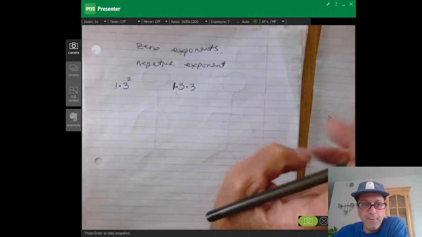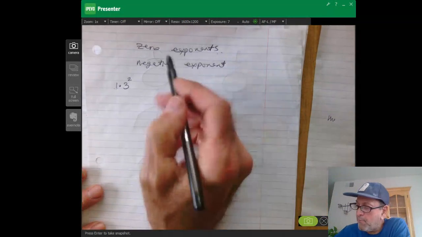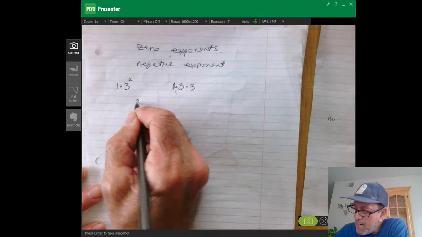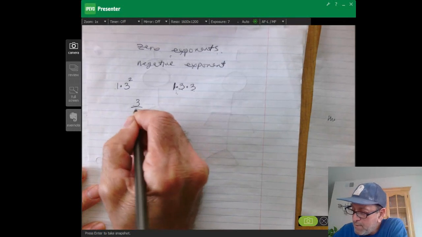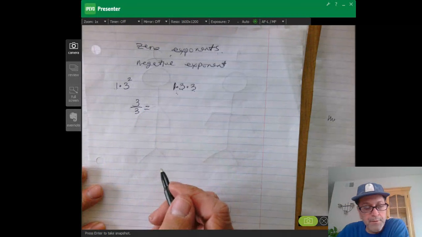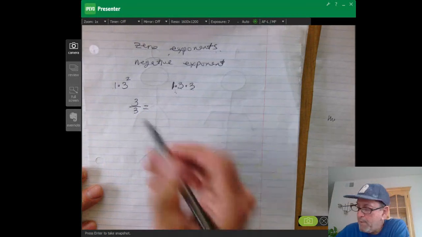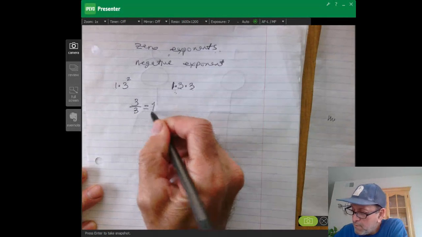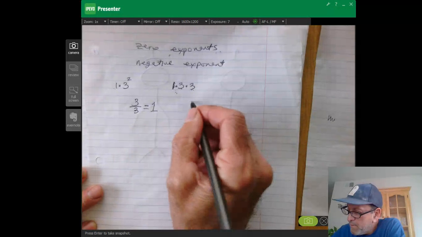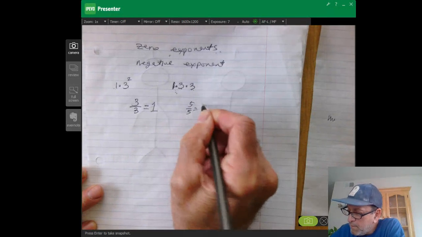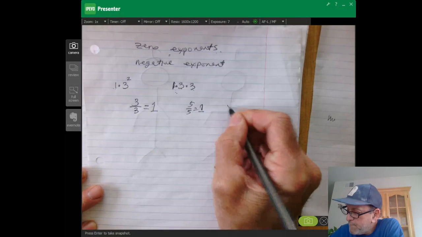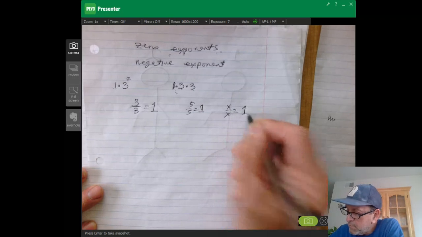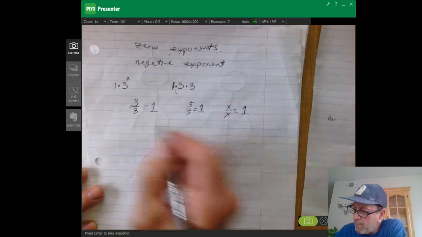One of the first things I'm going to do is start off with a division problem. And I'll do several division problems because I want you to make sure you remember a pattern and a property. 3 divided by 3 is what? 5 divided by 5, 1. x divided by x, as long as x is not equal to 0, 1, etc. Right?